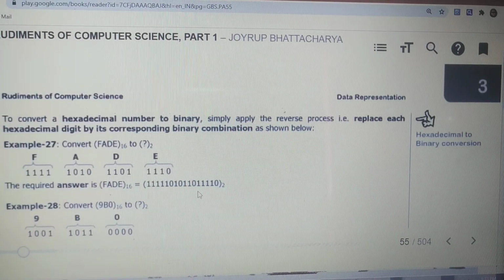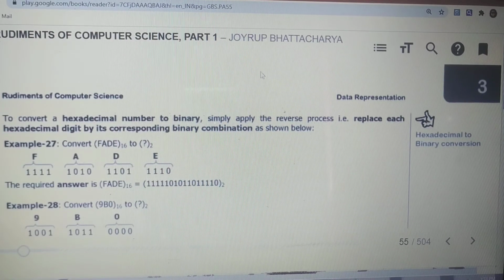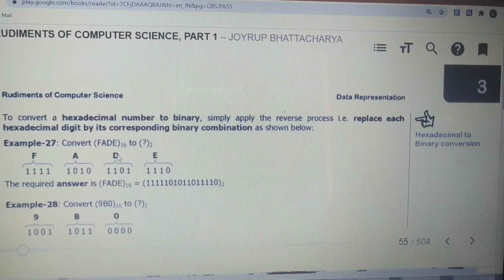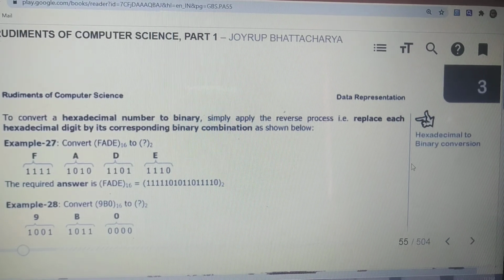Again, if you have to do vice versa, from base 16 to base 2, from hexadecimal to binary, how do we do it? E means 1110, D means 1101, A means 1010, and F means 1111.